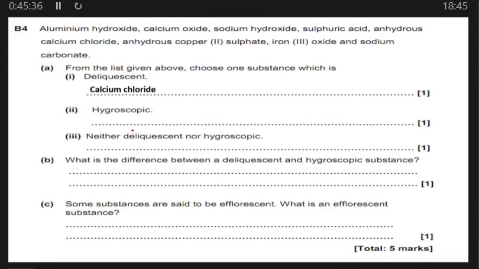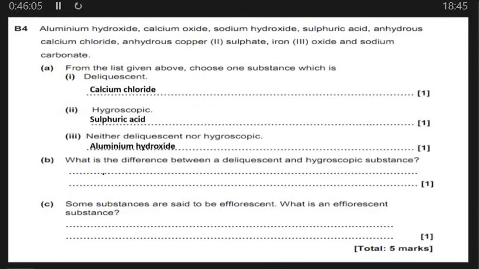So an example here, it is actually sulfuric acid. Then 3, they're saying neither deliquescent nor hygroscopic. So this one is aluminium hydroxide. There are many, even iron oxide is known to be like that. Okay, so even this, I think copper.